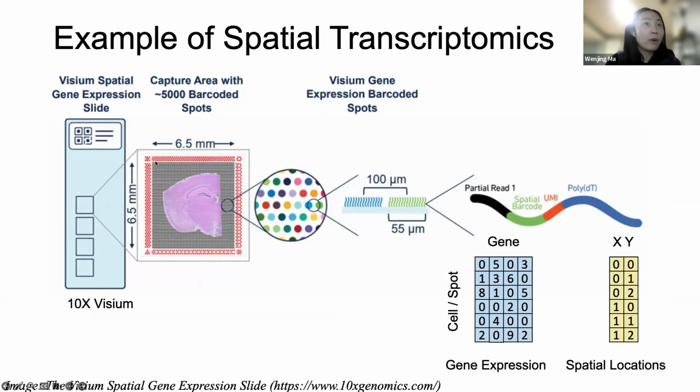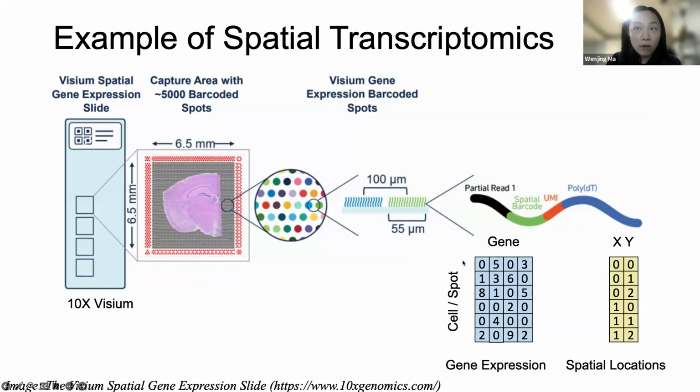That spot captures certain gene expressions located on certain tissues. This slide captures approximately 5,000 spots, and for each spot we have sequenced reads mapped to certain gene regions. In the end, it generates 2 different matrices: one is the gene expression matrix, and the other is the spatial locations.